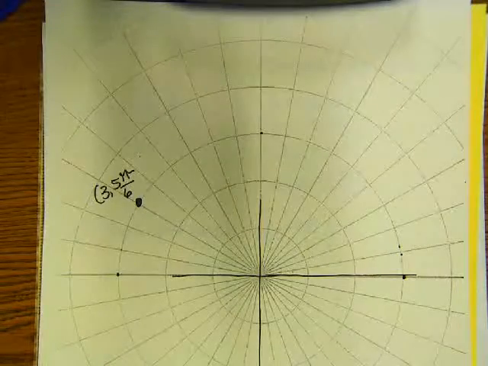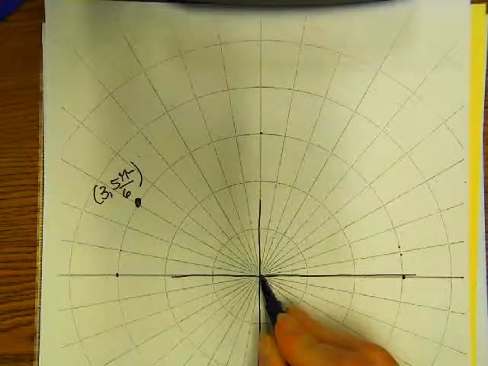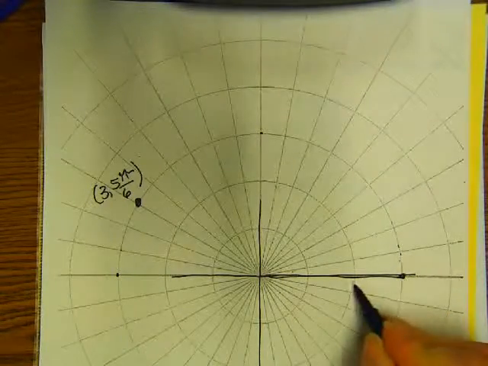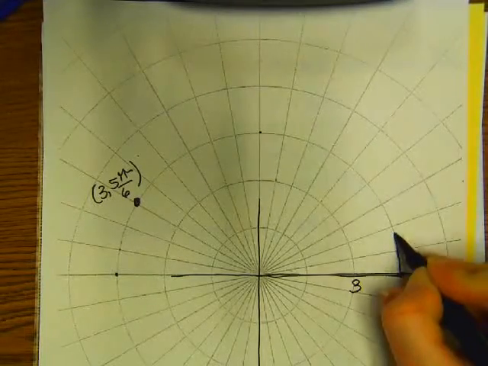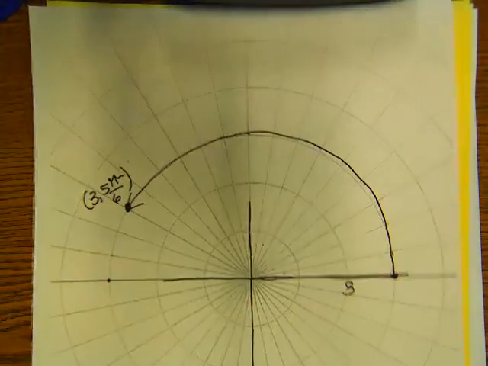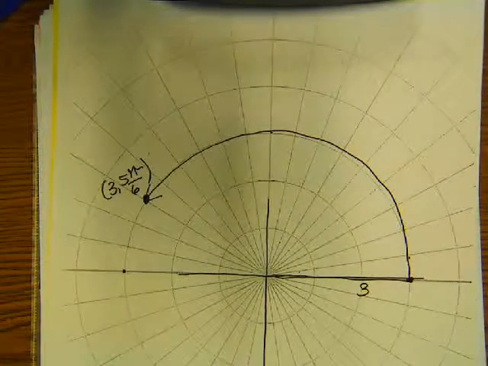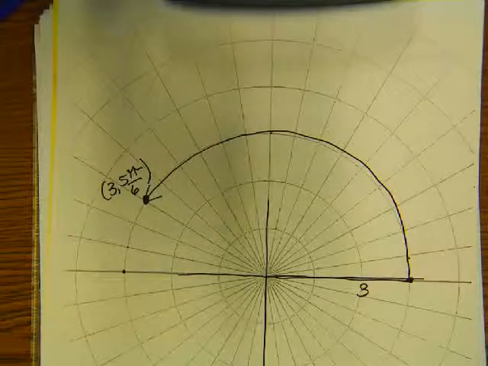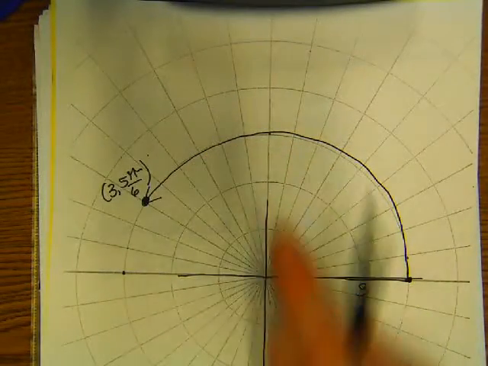Okay. So what I did again was I went out 3, this is 3, and then I rotated 5 pi 6, which is 150 degrees around. This is the point. I was just showing how I got there.